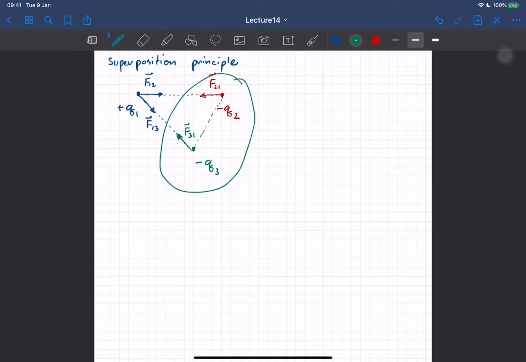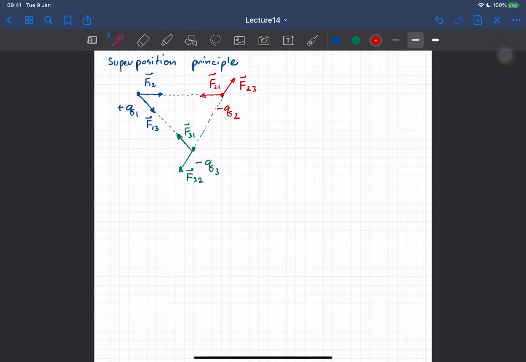Just think about 2 and 3, forget about 1 for a moment, they repel each other. So what should I write here? This one should be F32 because it's the force on Q3 by Q2. And then this one is F23 because it's the force on Q2 by Q3.